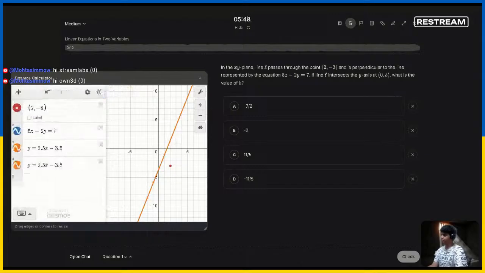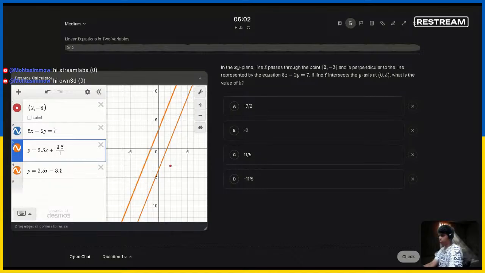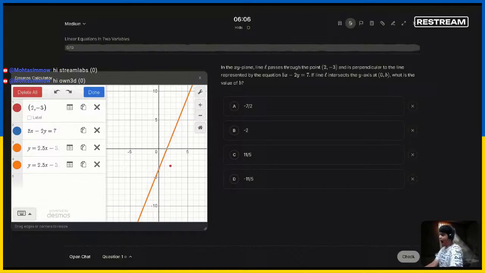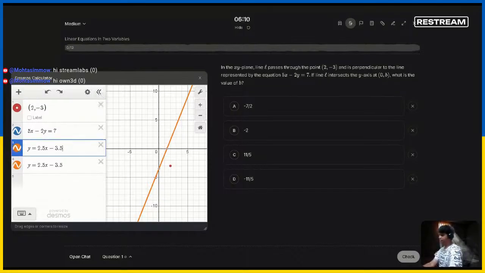Okay, so x is... Do they change the x or do they change this? How do you do this? Not the best time. Seriously, not the best time.